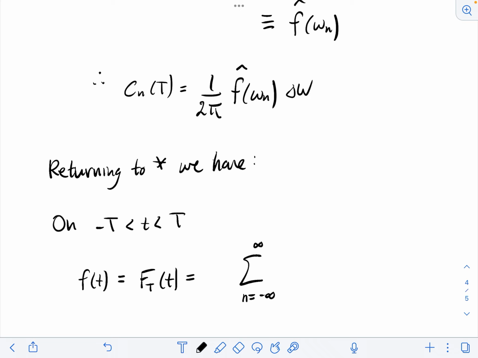But the Cn has a 1 over 2 pi, I'll put that outside of the sum, and then it has an f hat of omega n, which represents that integral over time that we had. We were going to multiply by e to the i n pi over T, which we're going to represent as omega n, and then t. And then we have a delta omega from our Cn coefficient.